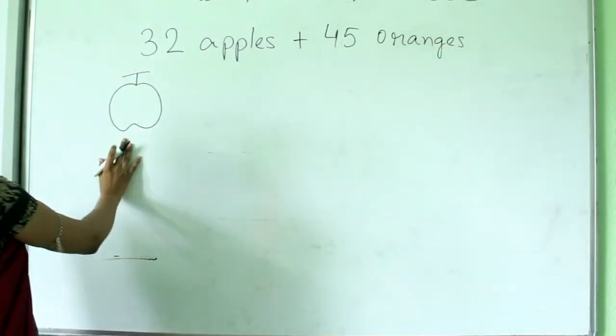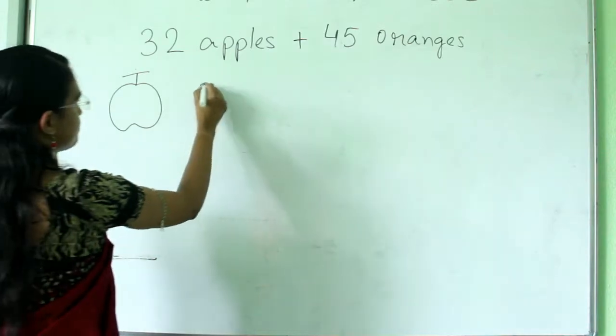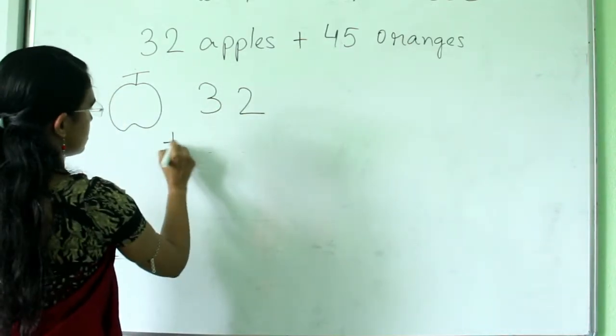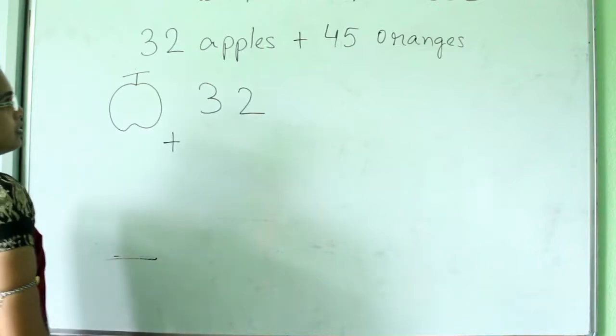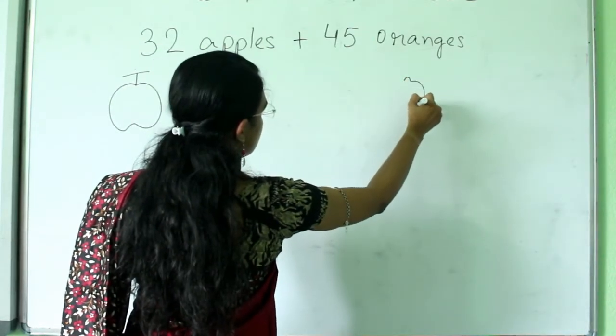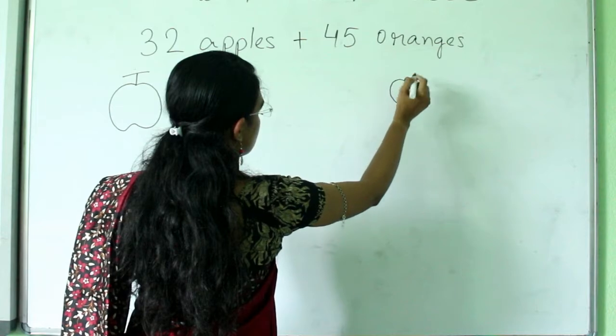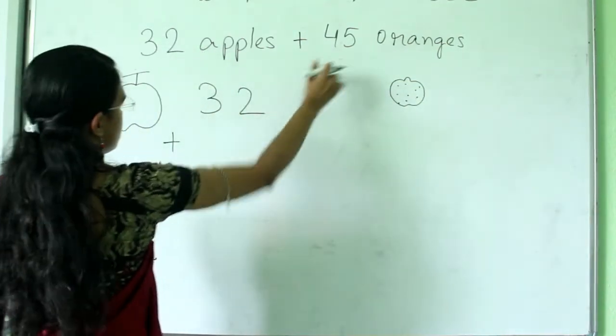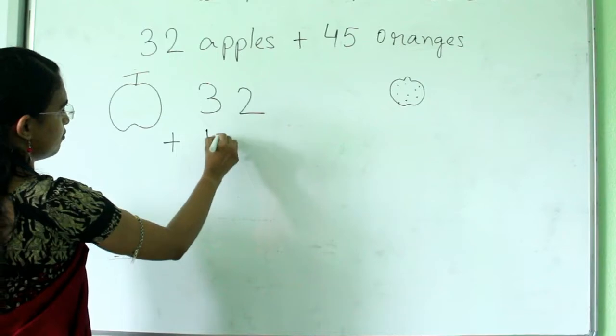So in this side we have 32 apples. Then we have to put the plus sign. Then in this side we have what? 45 oranges. So we will write 45 in this place.